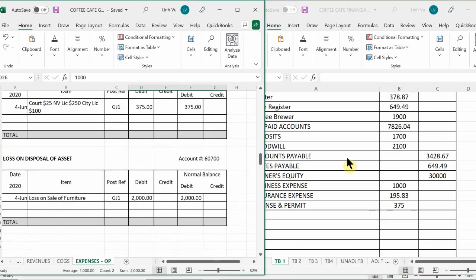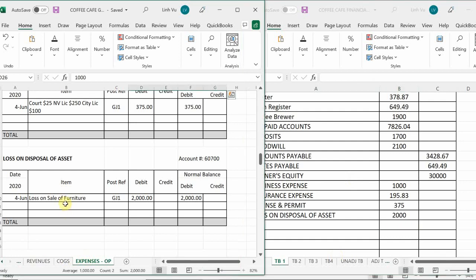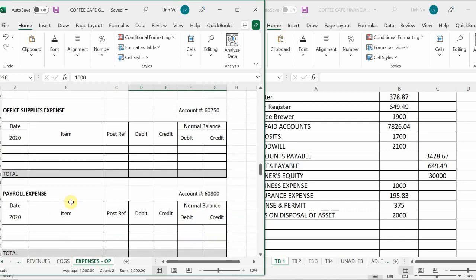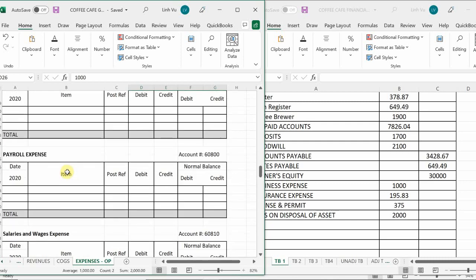I also have loss on disposal of asset. Okay. Which in this case I lost $2,000 out of that. Okay. Supplies expense. I haven't even incurred any office supplies, so therefore there shouldn't be any office supplies adjustments here because I don't have any to begin with, right?